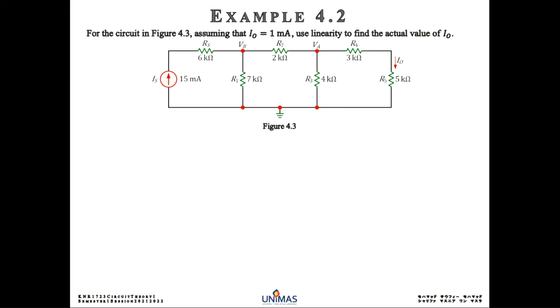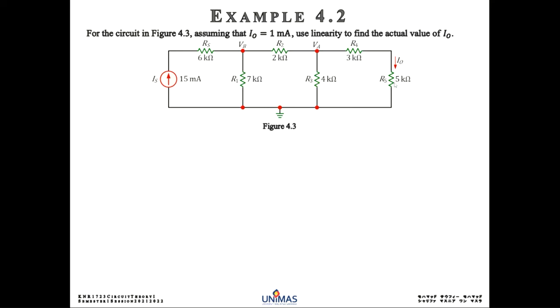This one is the same. You use the linearity property by assuming the output and working out what the input is. What happens here is that you have Is there and you want to find I naught. You don't have to find the actual I naught. You just assume I naught to be some value and then you see what the actual value is.